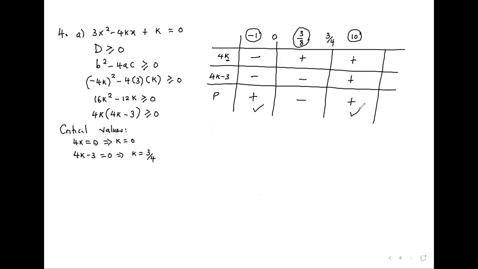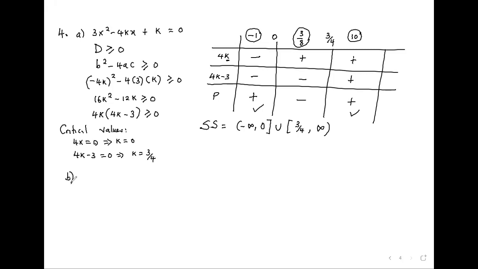So we'll say the solution set here is from -infinity up to 0, including 0, union, you start again from 3/4 all the way up to +infinity. That is where you find the values of k that will satisfy the condition that we want for this quadratic equation. So any k that you pick from these intervals will satisfy that.